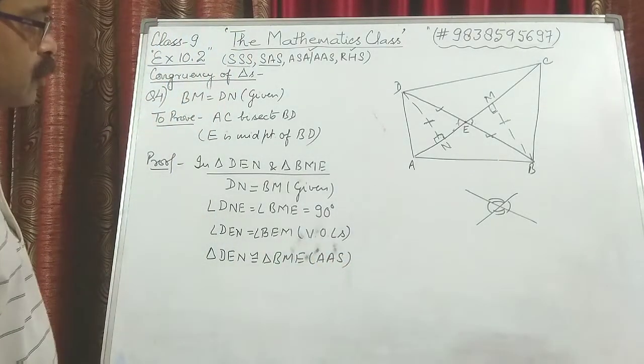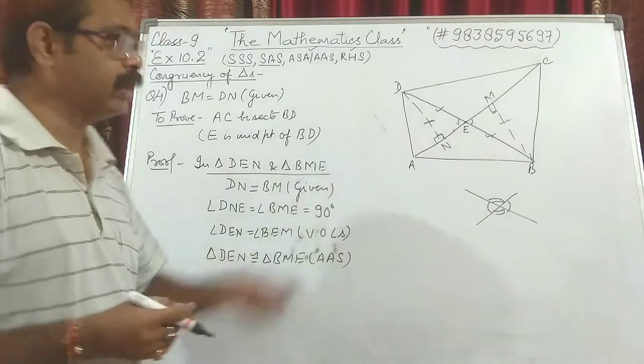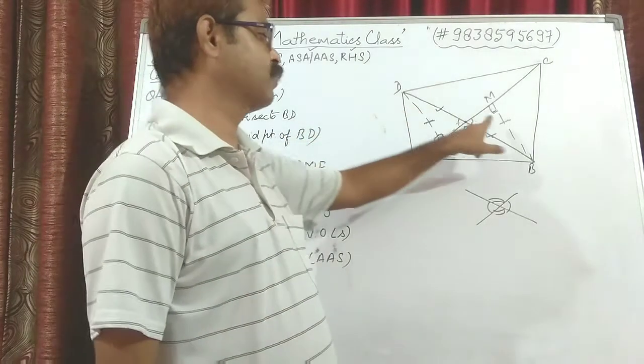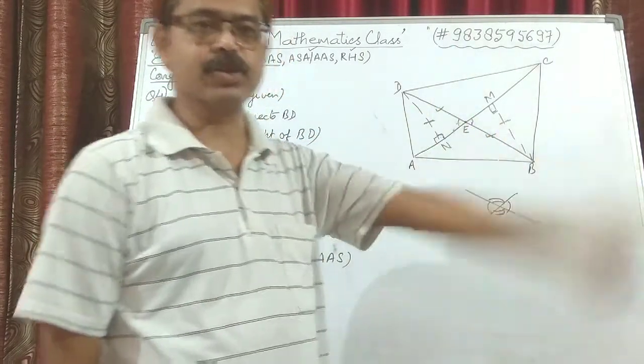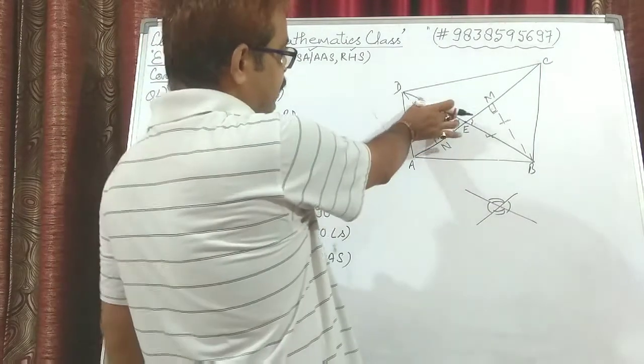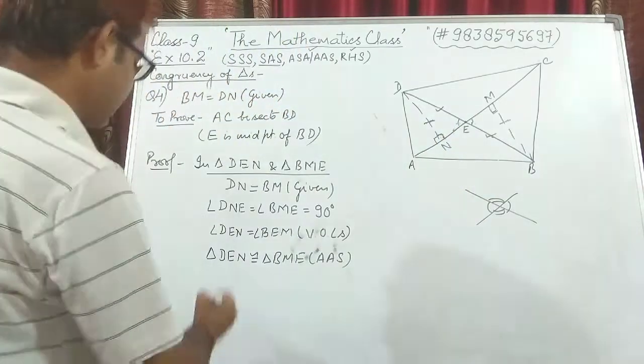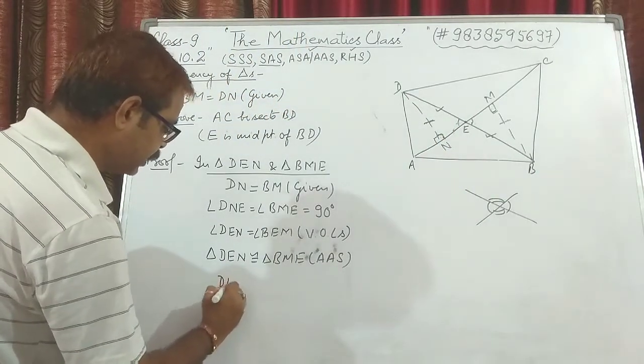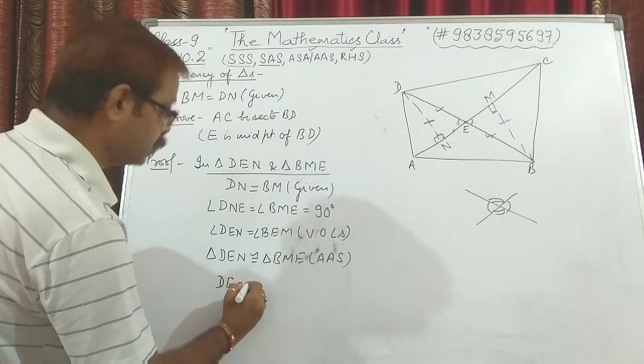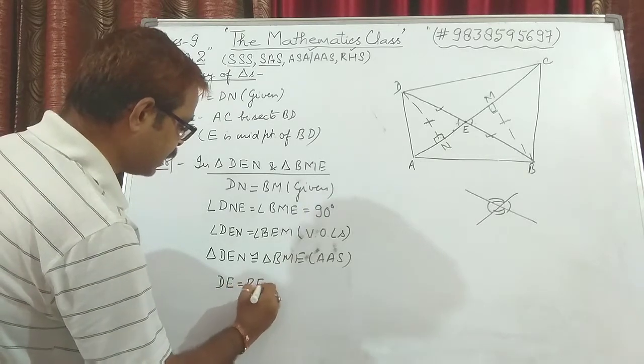When the triangles are congruent, then we can say that all the elements of one triangle will be equal to all the corresponding elements of the other triangle. So we can say that DE corresponds to BE, so DE is equal to BE. Why?